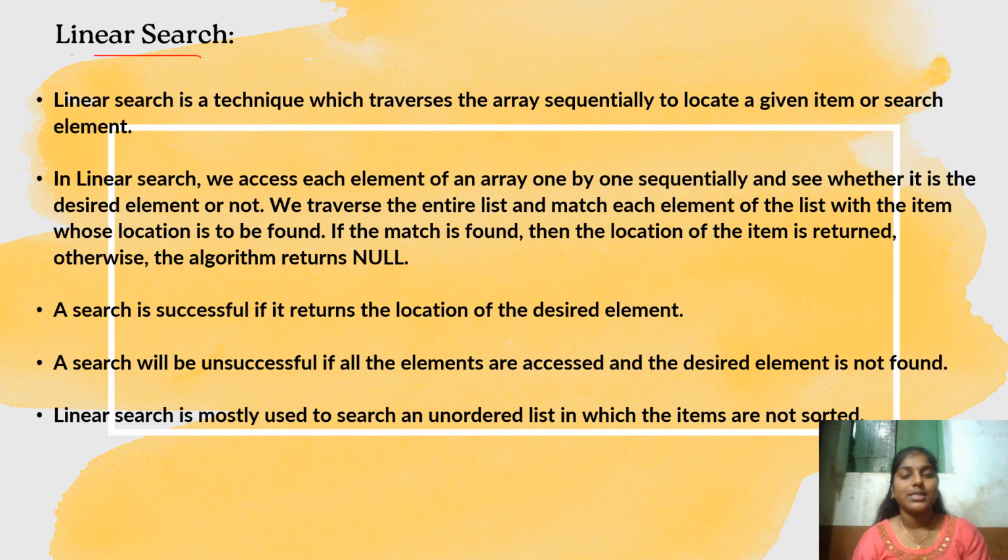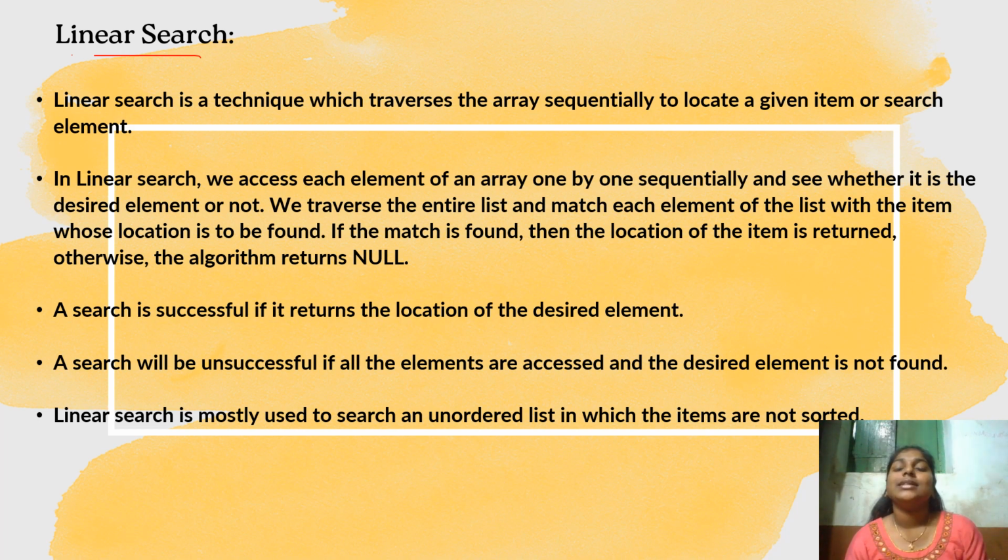Linear search means simply traversing the array sequentially in order to find the search item or search element. If the search element is present in that particular array, then linear search returns the location of that element.